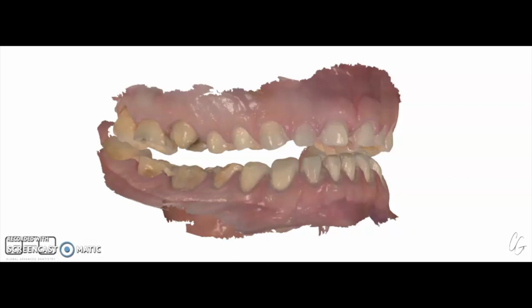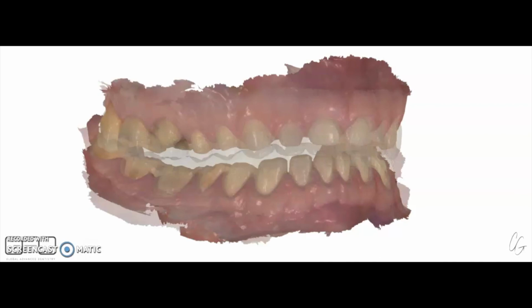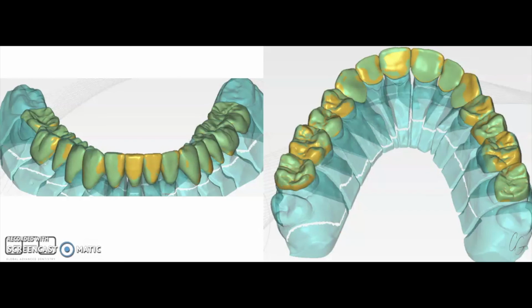We can take an impression with a digital impression, and also we can take impression of the mock-up, and we can superpose the two impressions, prep and mock-up, and like this. The lab can perfectly copy the form, the shape of the mock-up for our final restoration.